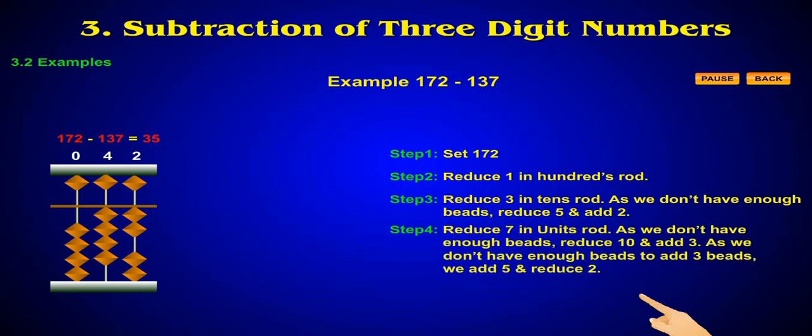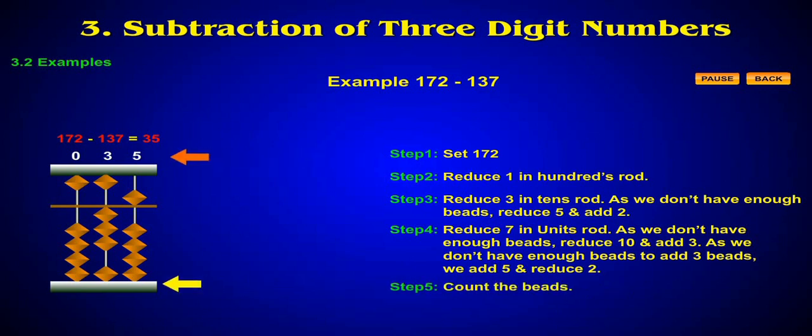Step 4. Reduce 7 in units rod. As we don't have enough beads, reduce 10 and add 3. As we don't have enough beads to add 3 beads, we add 5 and reduce 2. Step 5. Count the beads.